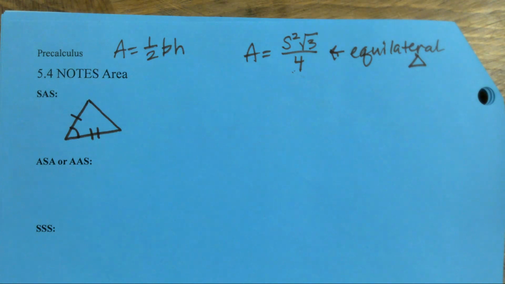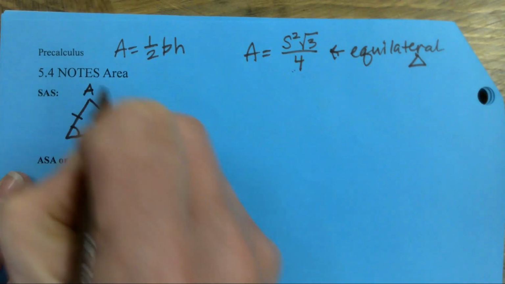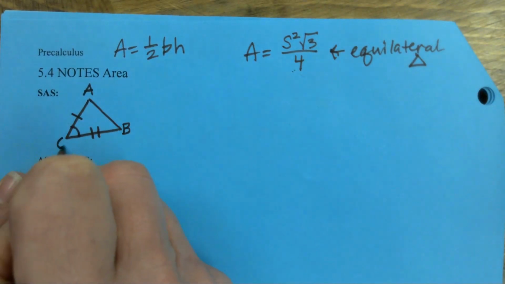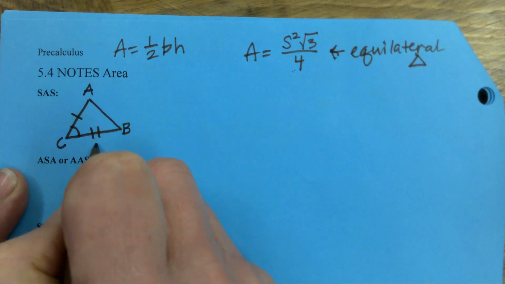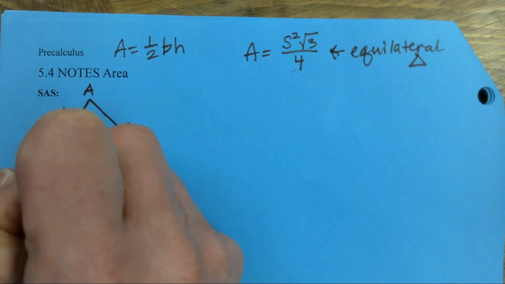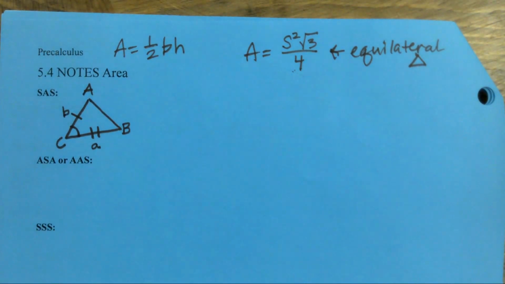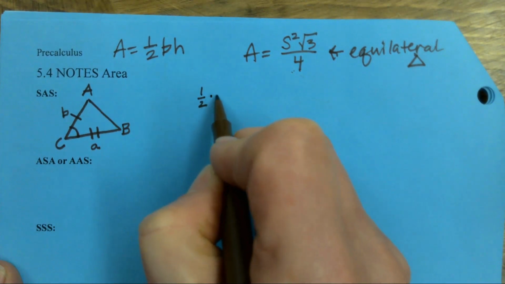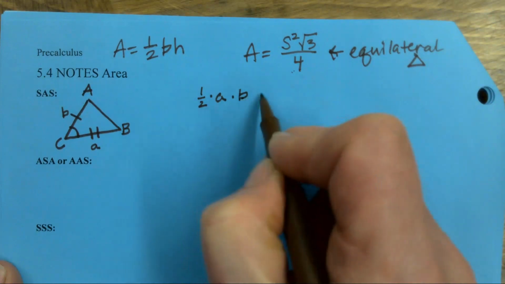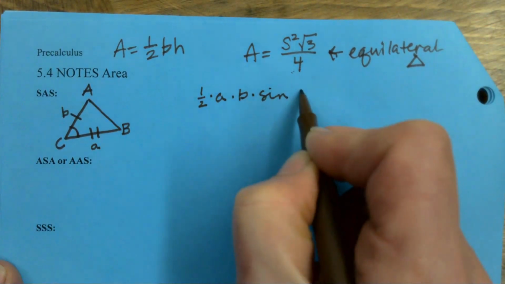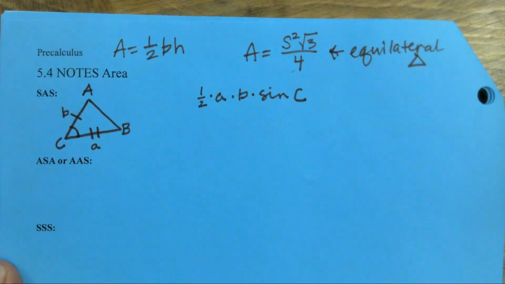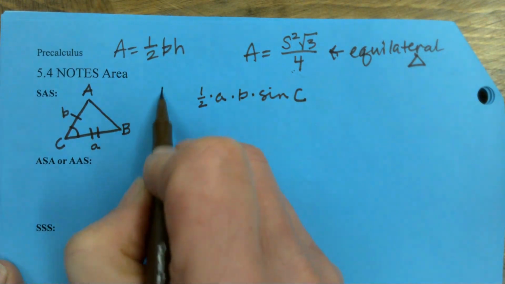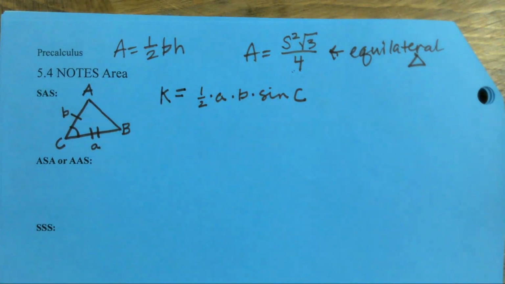If I label this triangle A, B, and C, that means I have side A, I have side B, and I have angle C. My area formula is 1/2 times A times B times the sine of angle C. And they use K for area when we get into trig.